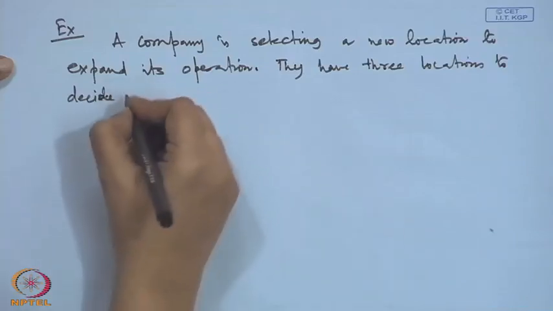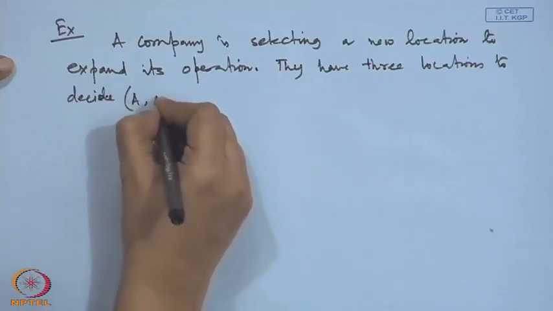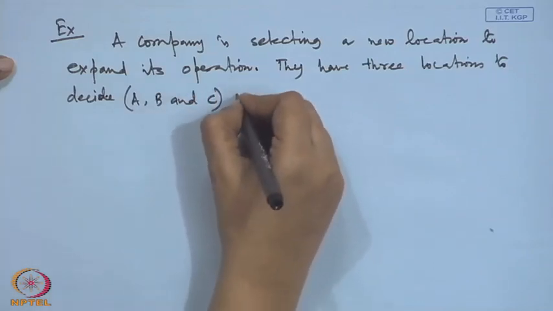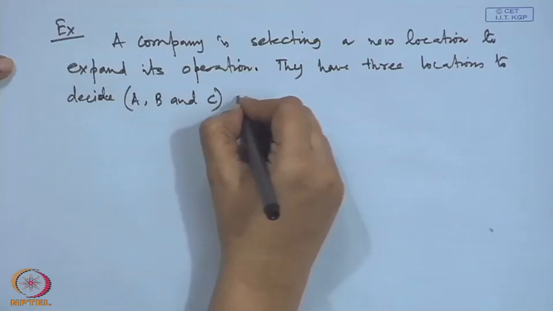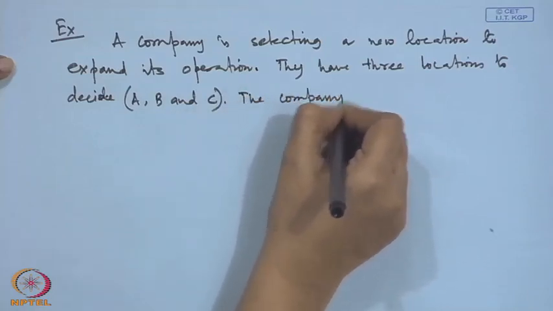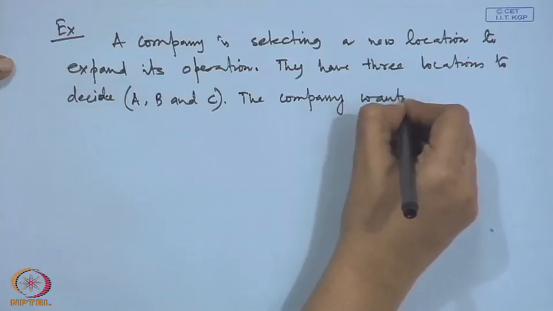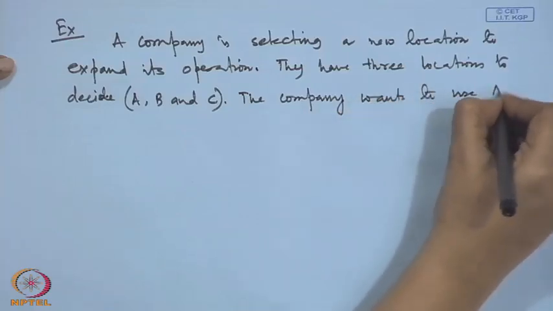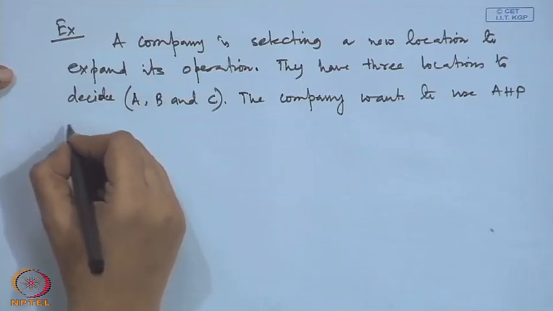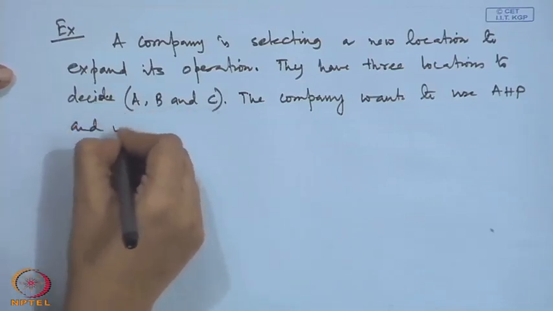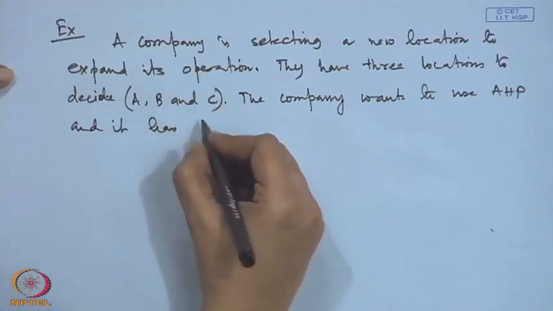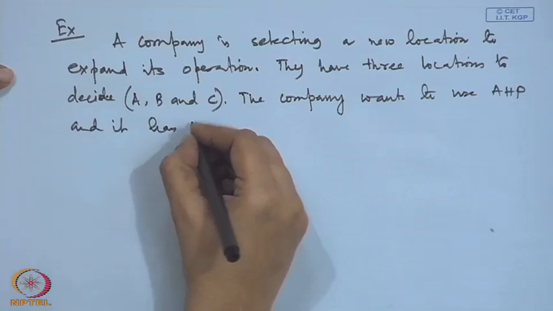They have three locations to decide, for example, A, B and C. The company wants to use AHP for this activity and is considering 4 criteria for judging the locations.